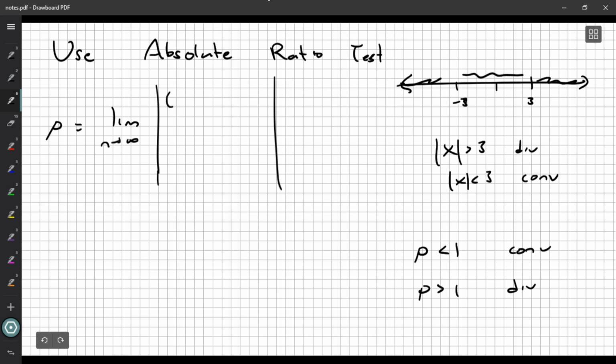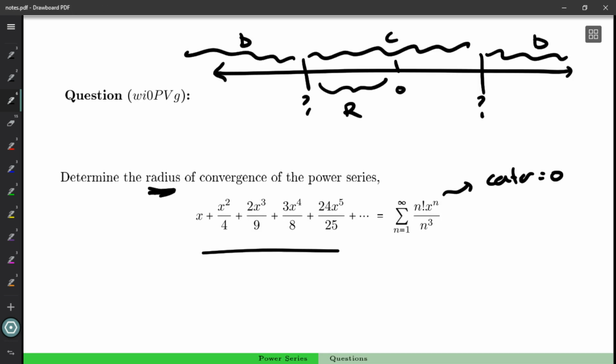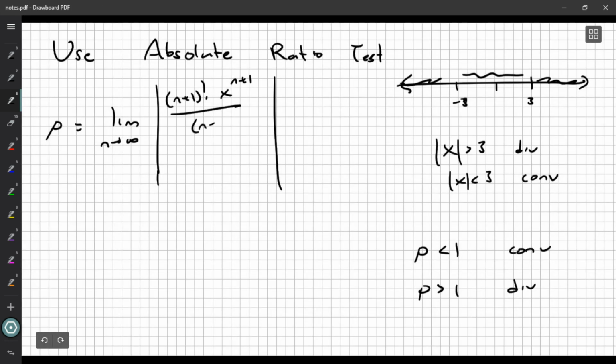So it's n plus 1 factorial, x to the n plus 1, over n plus 1 cubed, all over n factorial x to the n over n cubed.